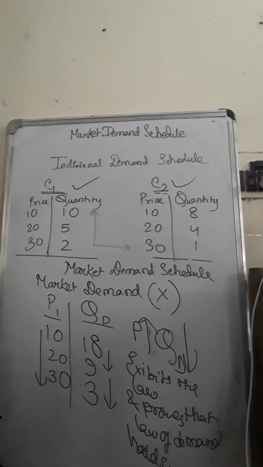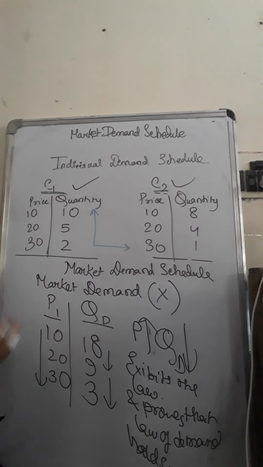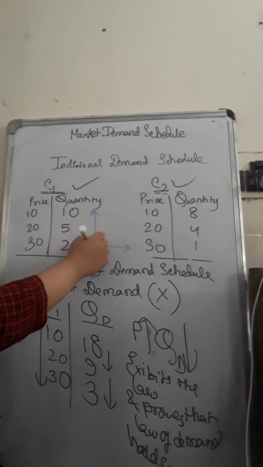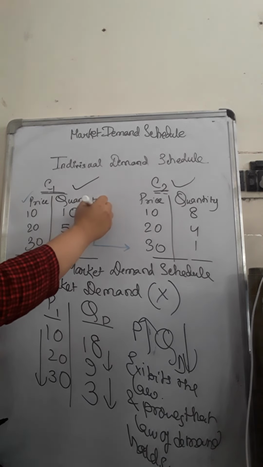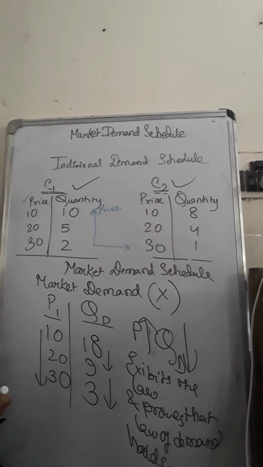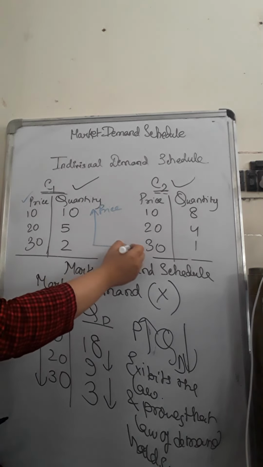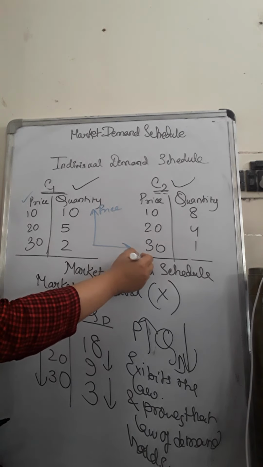In the vertical axis we plot the independent variable, which was price, so price will always come in the vertical axis, and the dependent variable, quantity demanded, will come in the horizontal axis.